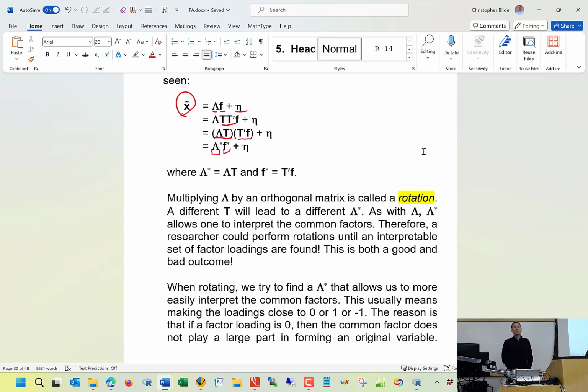In fact, there are many, many more different of these T matrices that I could use, and I could get different common factors in the end.